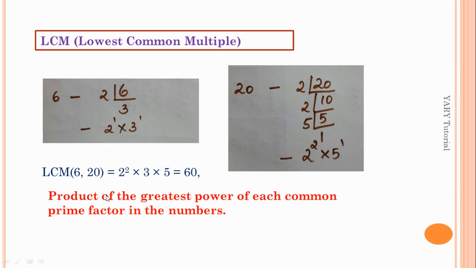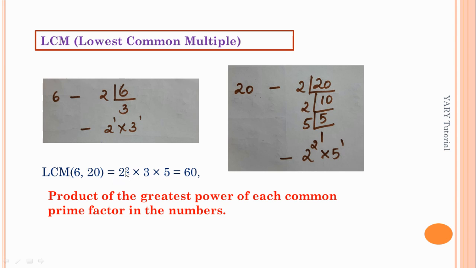So, LCM is the product of the greatest power of each common factor in the numbers. Here, 2 is the common factor, so 2 power 2 we have taken. 3 power 1 is the greatest one in these two, so we have taken 3, and 5 power 1 is the greatest one, so we have taken that.